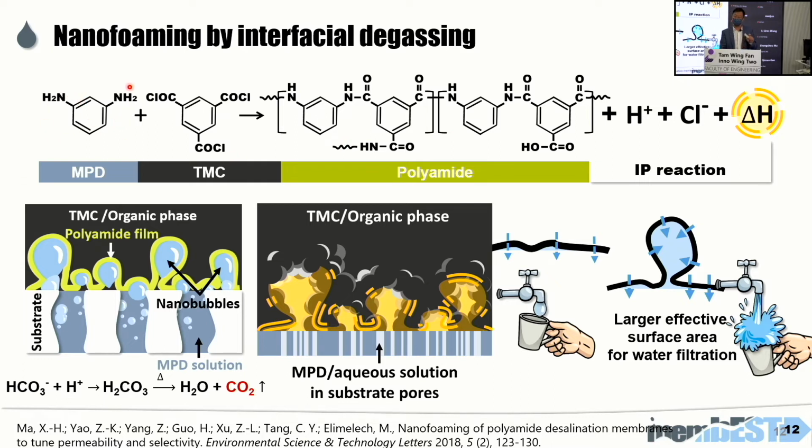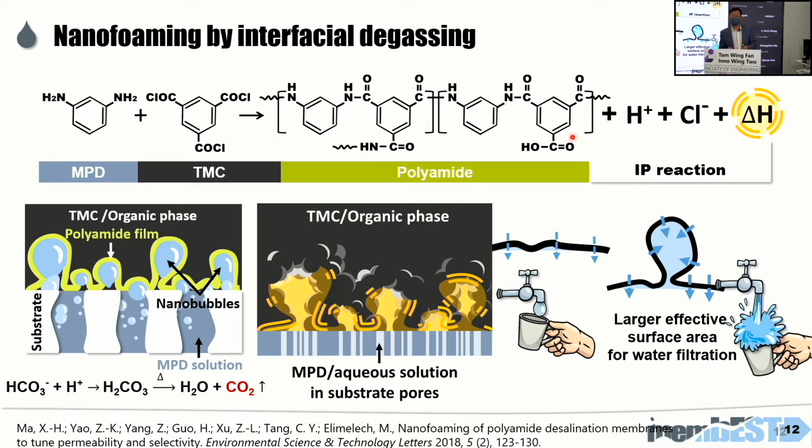This is very classical chemistry, invented 40 years ago, but nowadays it is still the best chemistry for making reverse osmosis membranes. One is an amine monomer and one is an acid chloride monomer, and they react at an interface. They make this cross-linked polyamide.